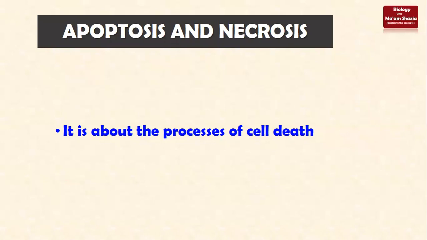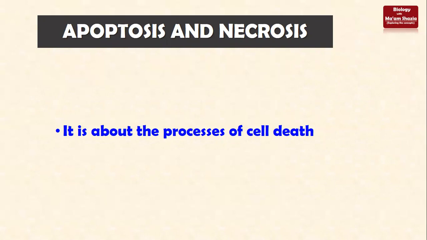Both of the terms are basically about the processes called cell death, right? What is cell death? It means a cell is going to die, because we have a lot of cells in our body, and all of them are ever changing cells. They are the cells which are constantly producing cells. So obviously there are cells which have to die in our body.